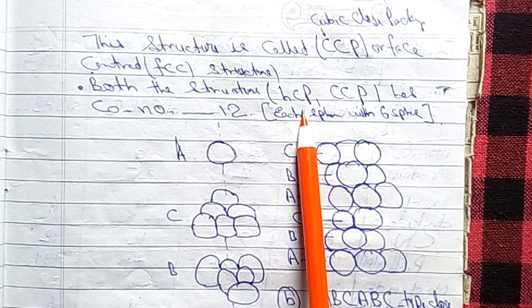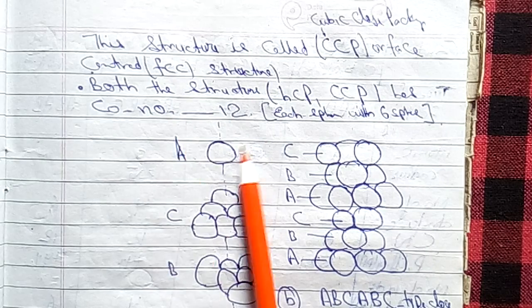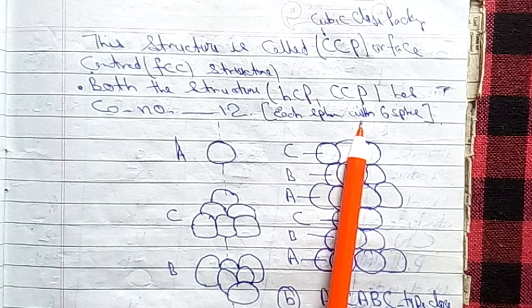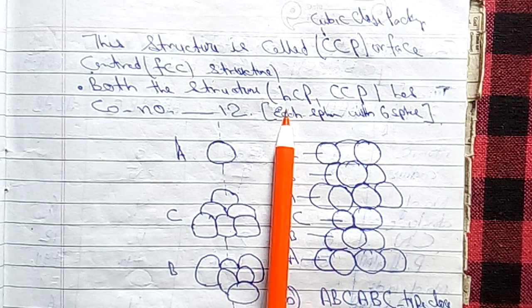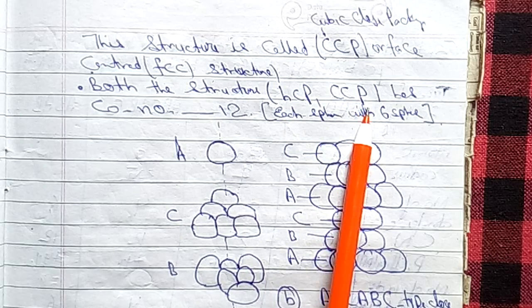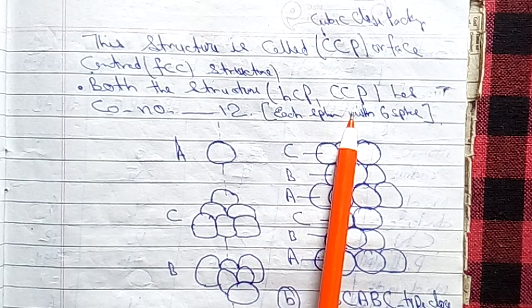Both structures, HCP (hexagonal close packed) and cubic close packed, have coordination number 12. So keep in mind what the coordination number is in hexagonal close packing or in cubic close packing. Hexagonal is obtained by tetrahedral voids, and cubic close packed layer structures are obtained by octahedral voids. So both types of packing, HCP or CCP.